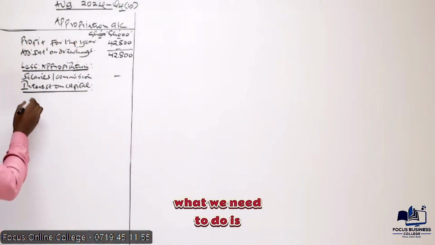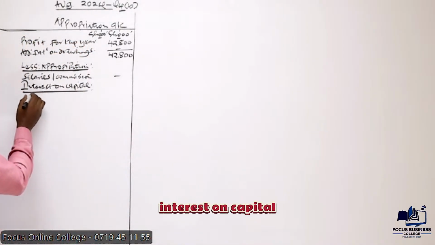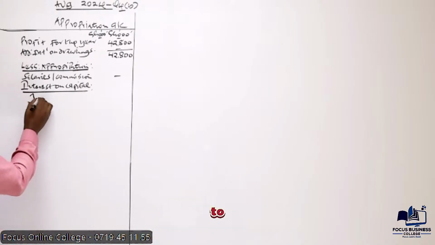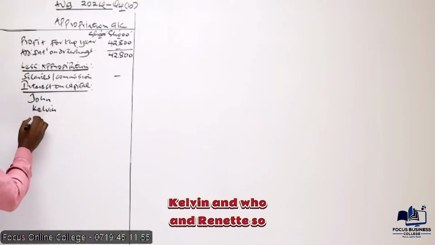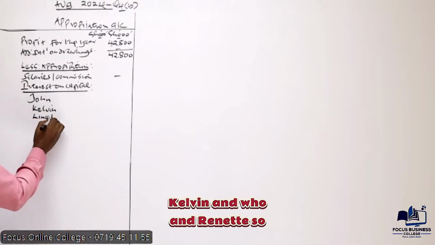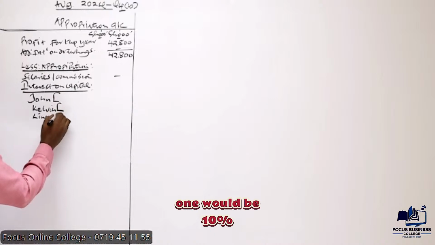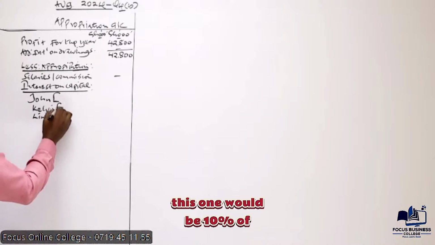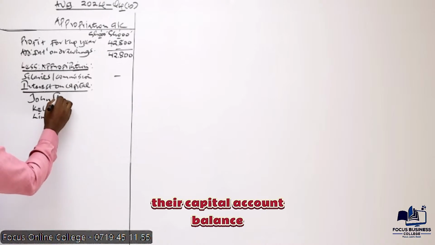So we need to compute the interest on capital which the three partners were entitled to, which will be 10% of their capital account balance.